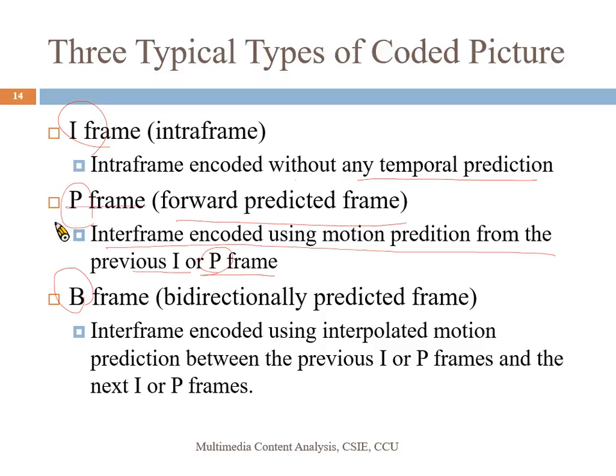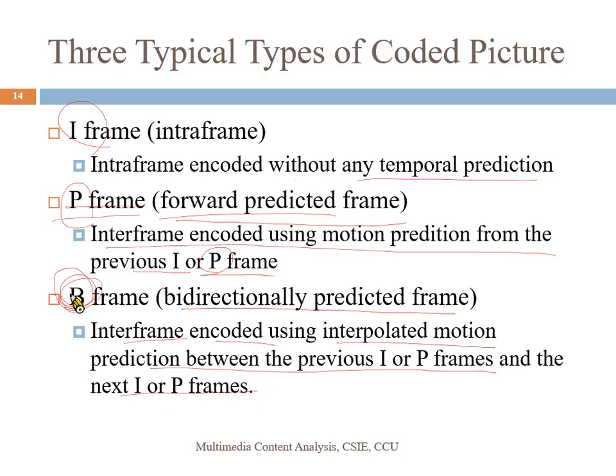And the B frame is called a bidirectional predicted frame. It's also a kind of interframe, encoded using the interpolated motion prediction between the previous I or P frame and the next I or P frame.